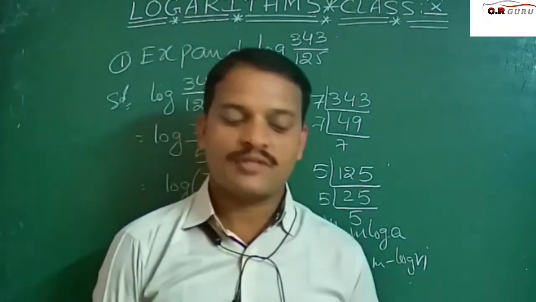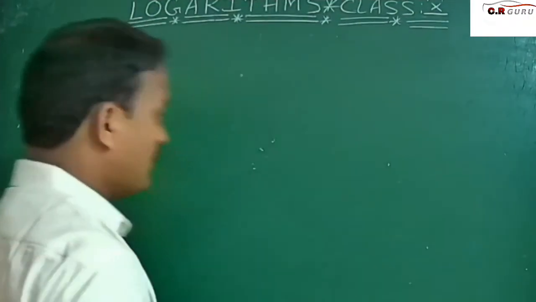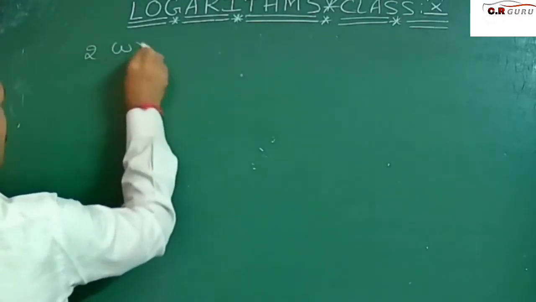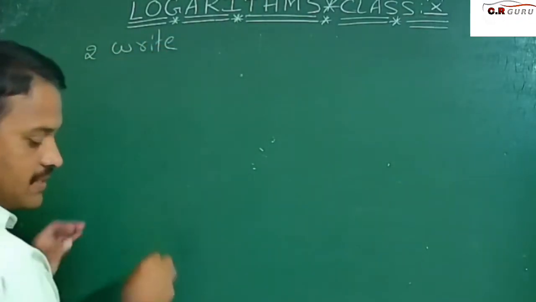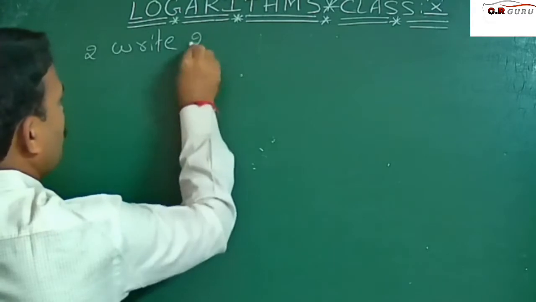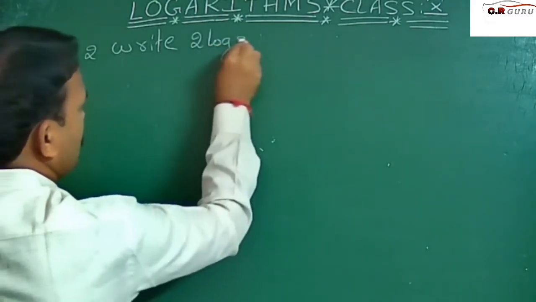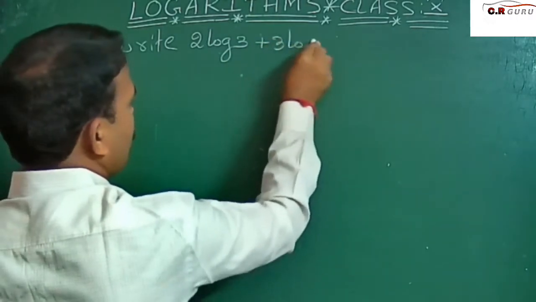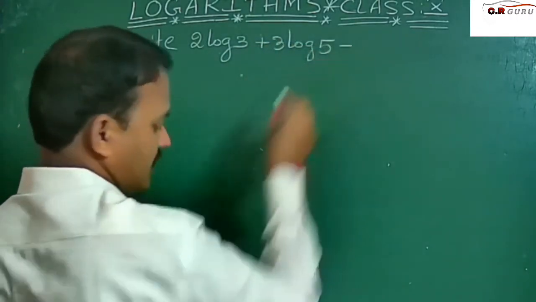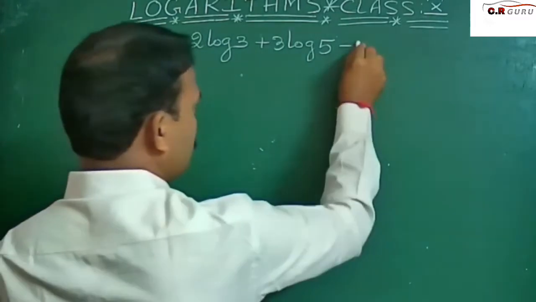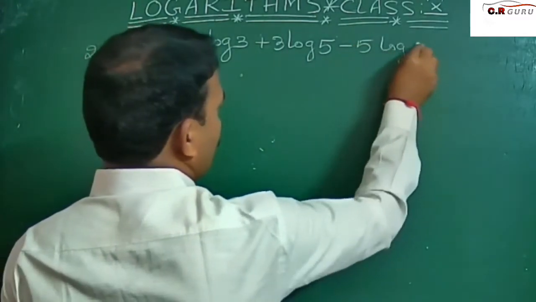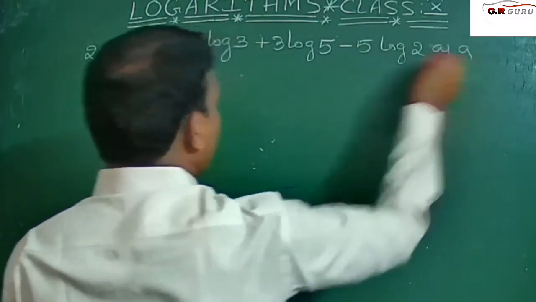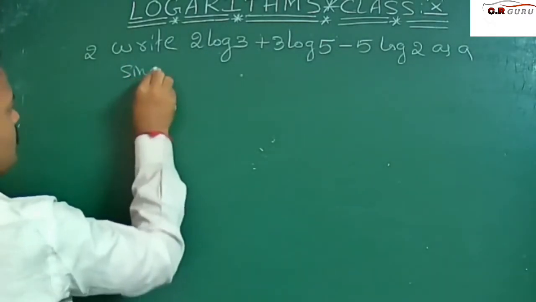So next I am going to explain one more example. Write 2 log 3 plus 3 log 5 minus 5 log 2 as a single logarithm.